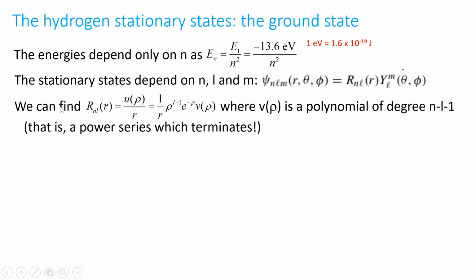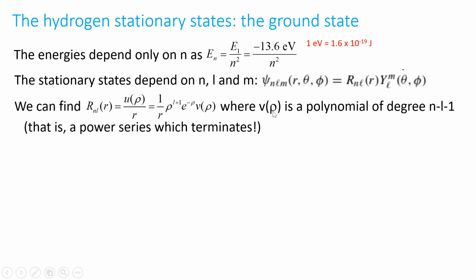So we can find R n L as, remember, R is equal to u over little r, because u was defined as little r times the big R function. So big R is u over little r, but then we wrote u as rho to the L plus 1, e to the minus rho, v of rho.